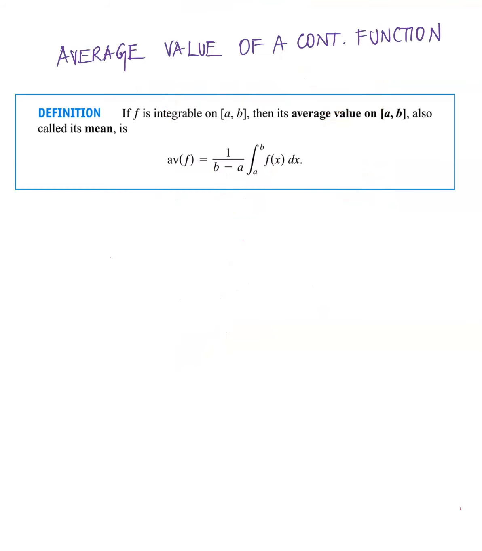Average value of a continuous function. The definition says if f is integrable on [a, b], then its average value on [a, b], also called its mean, is 1 over b minus a times the integral of a to b of f of x. In the previous lecture, we discussed the average value as the area over the width.